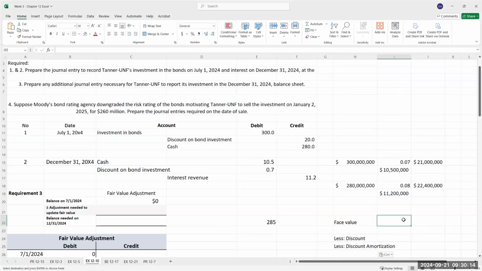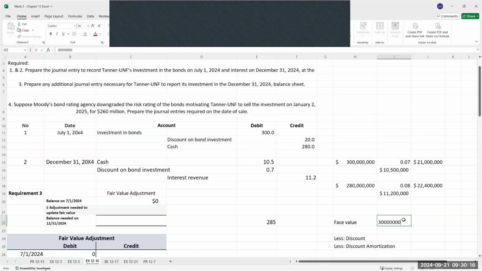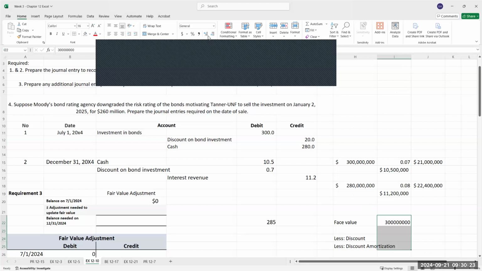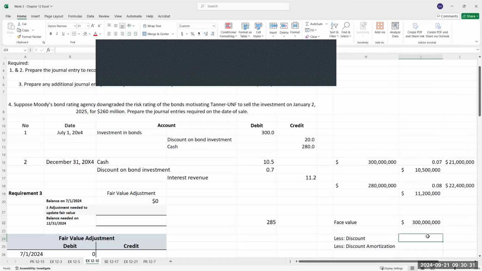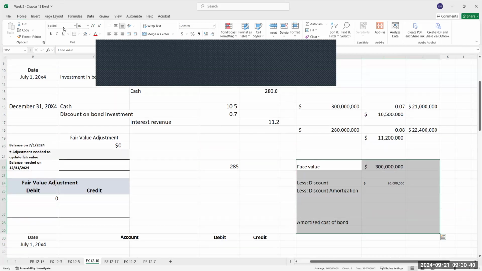All right, so it's the face value, which is the 300 million. Now I'll just put dollar signs to make sure we calculate it correctly. Perfect, 300 million. And then the original discount, which is 20 million.